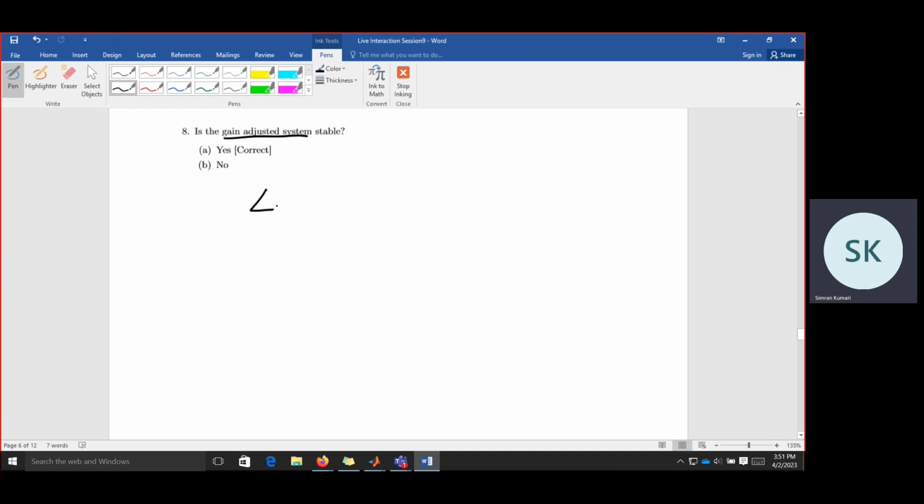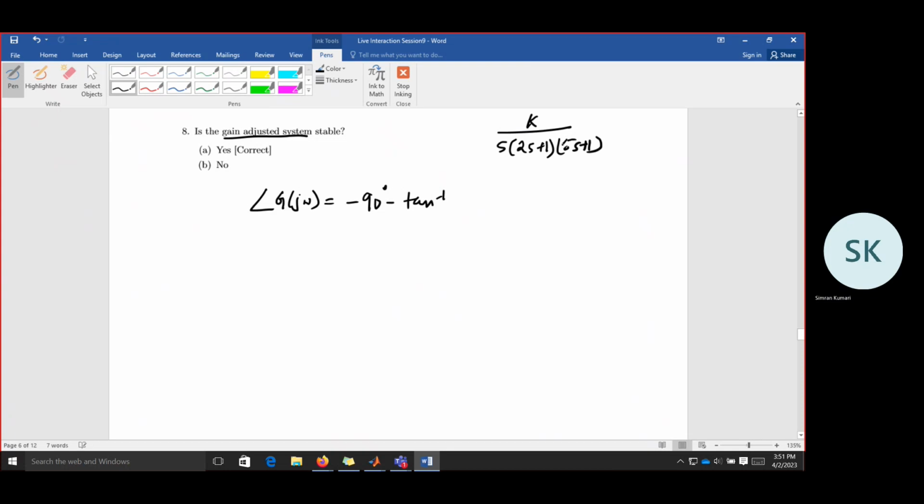We'll just find the angle due to this adjusted gain plant. So this will be minus 90 minus tan inverse 2 omega minus tan inverse 5 omega. What was it? This was K by S, 2S plus 1 and 5S plus 1.